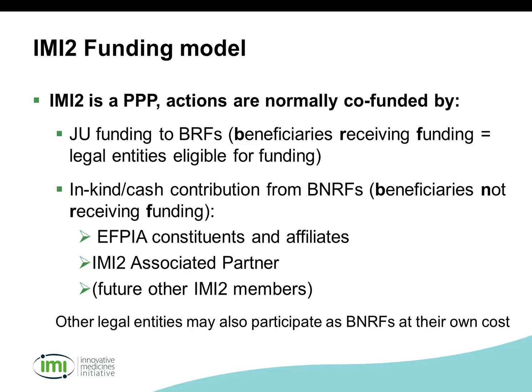However, this funding is complemented by in-kind or cash contribution, which is provided by beneficiaries not receiving funding, which in a classical IMI project are FPA companies, so companies member of the FPA association. In some cases we can also have associated partners to the IMI GU, or any other additional entity.